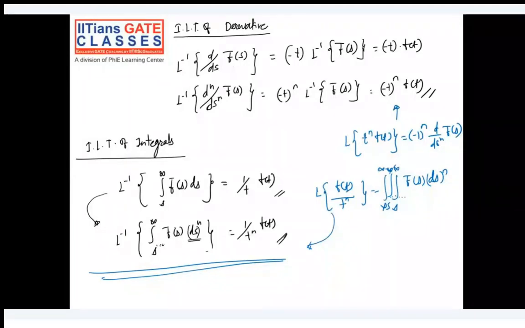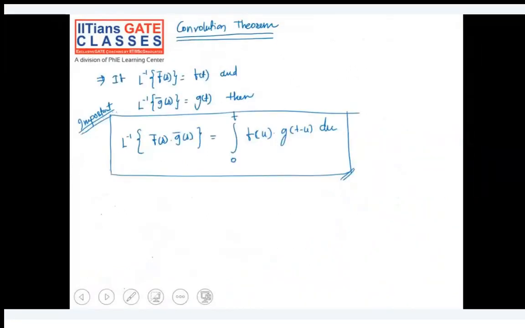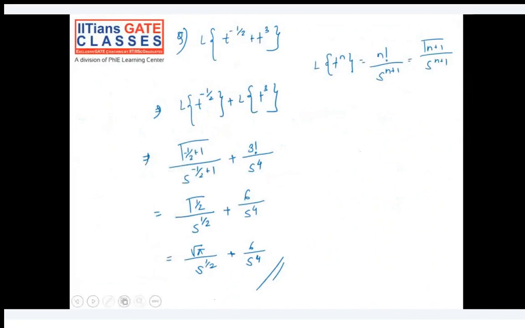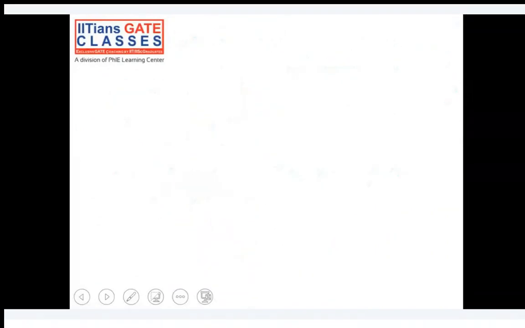Let me give some questions so things will be more clear to you. And then at the end, we'll study the convolution theorem. Let me give you some questions on this. What is the inverse Laplace transform of s square minus 3s plus 4 by s cube?